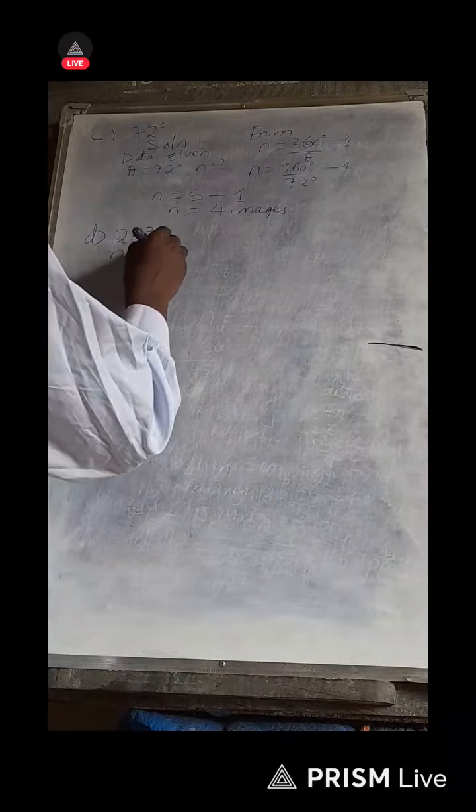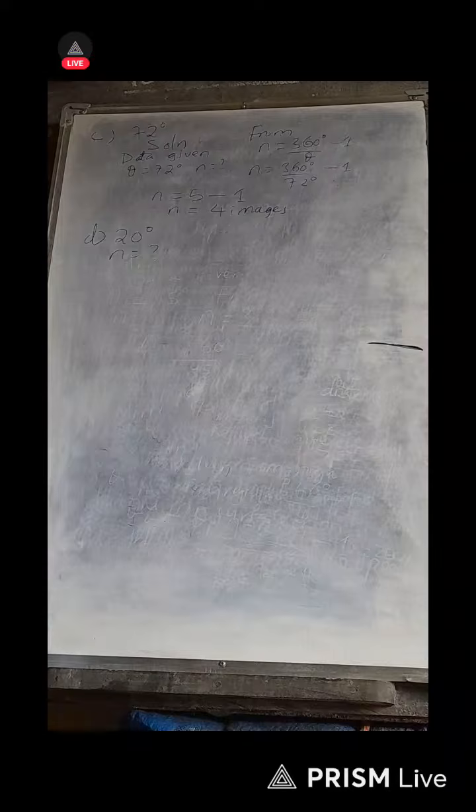Try to do it and keep the momentum, then you'll come out with your answer on how you can get the number of images. 30 seconds to you to come out with your solutions when the angle is 20 degrees.